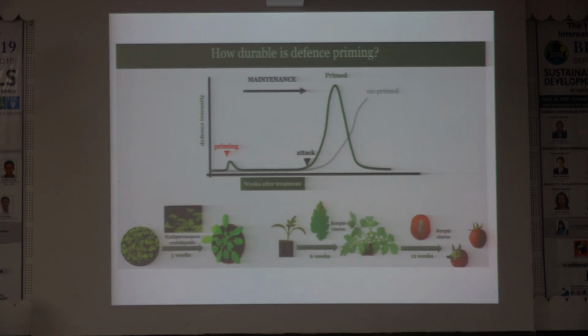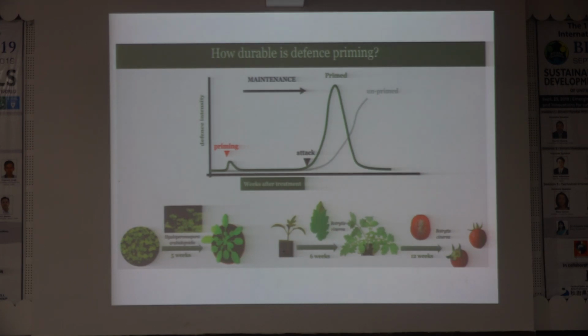And yes, so imagine this is the plant. If this plant is primed, even after 5 weeks, you can see the plant is super protected. So it means there is a memory. The plant can carry this memory. Moreover, here again in the 6 weeks, and even after challenging with some pathogens, they are protected for a pretty long time.